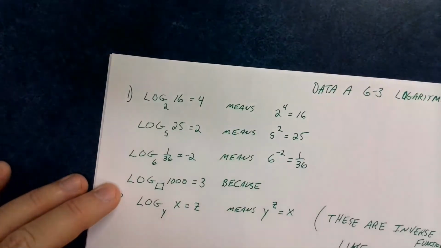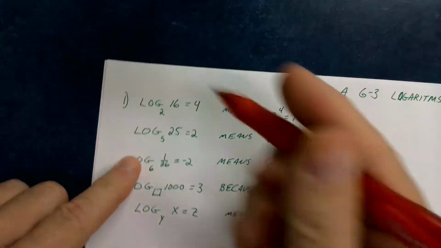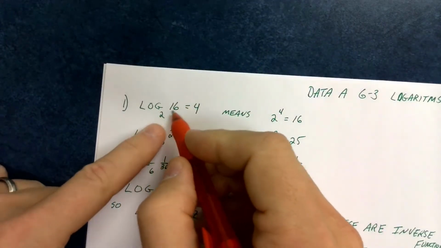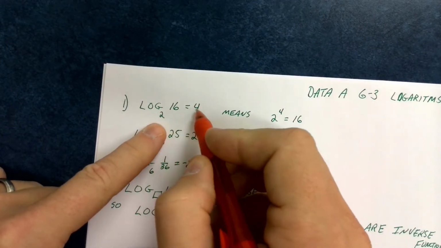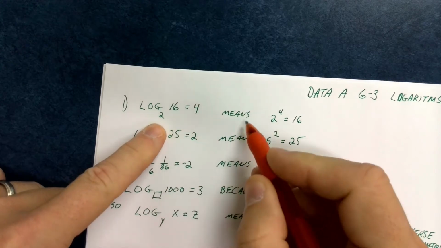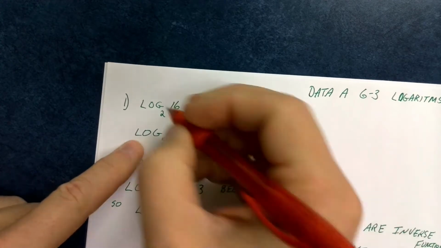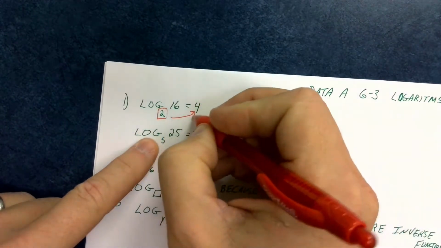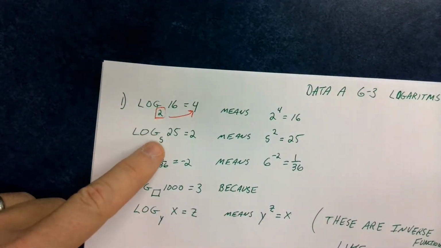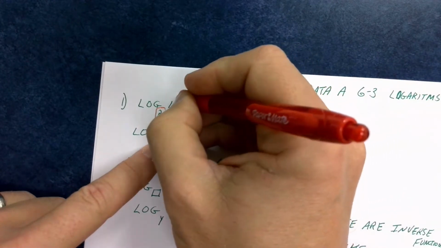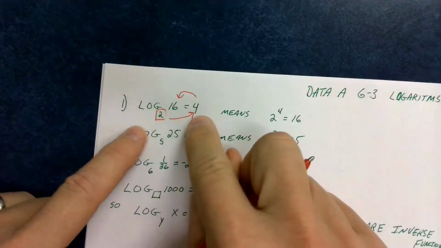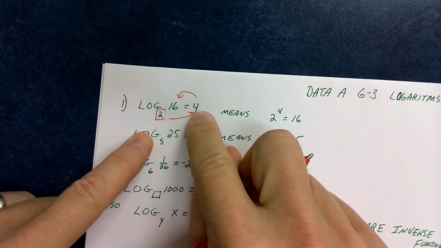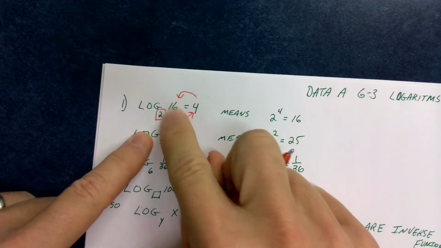Okay. So first off, what does it mean? This is log base 2 of the number 16, and we say that it equals 4. Well, what does that mean? It means that this little thing right here is the base, and this thing over here is the exponent, and that if I do this base to its answer, the exponent, the answer of the logarithm, it should equal this number.